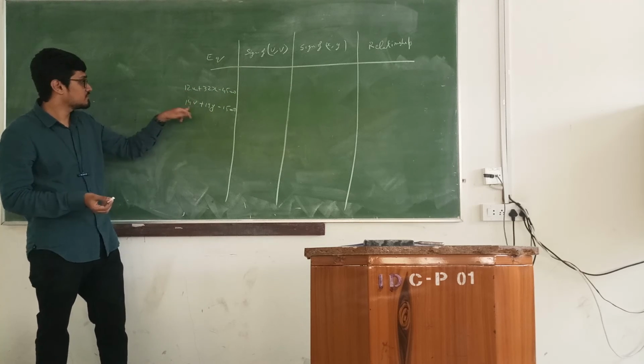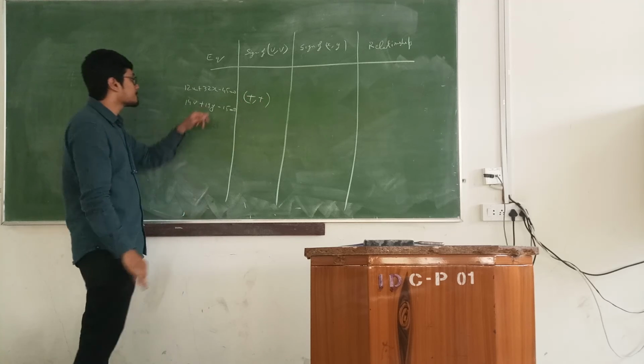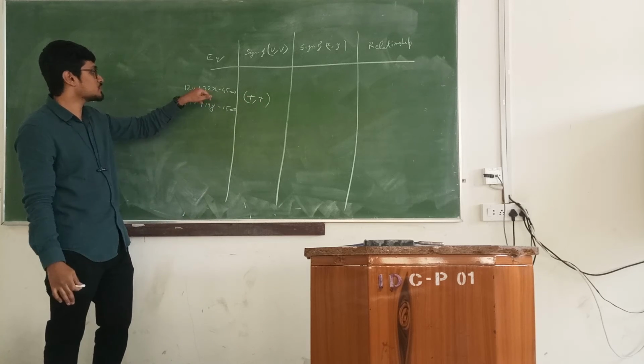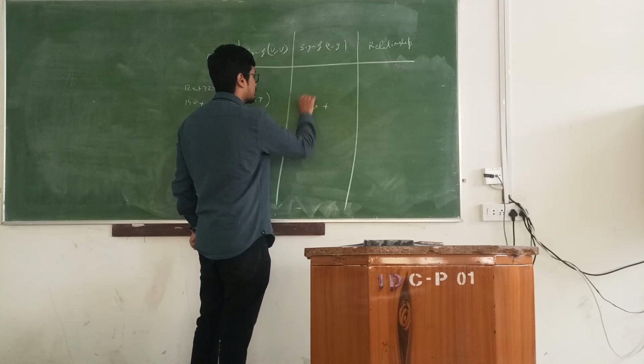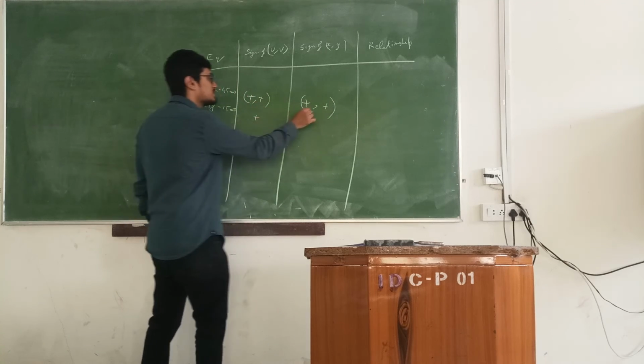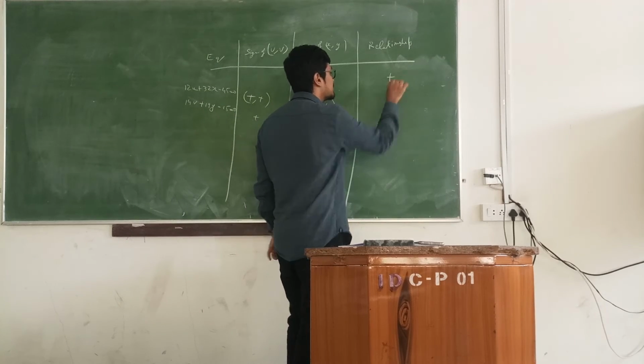U is plus, v is also plus. Now the signs of x and y: x is plus, y is plus. Plus into plus is plus. Now, both the signs are the same, so the relationship will be plus 1.